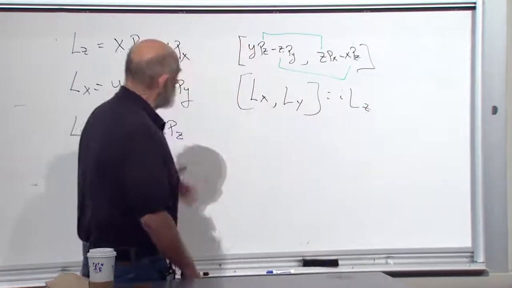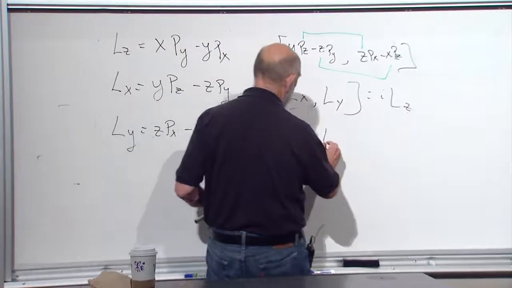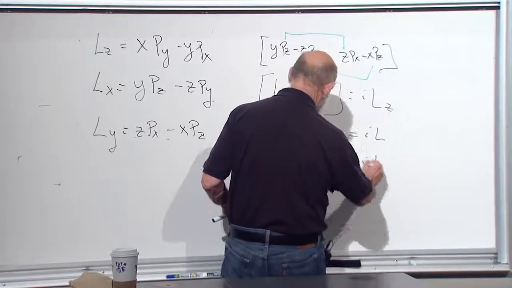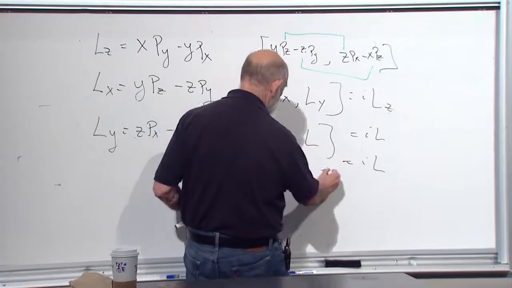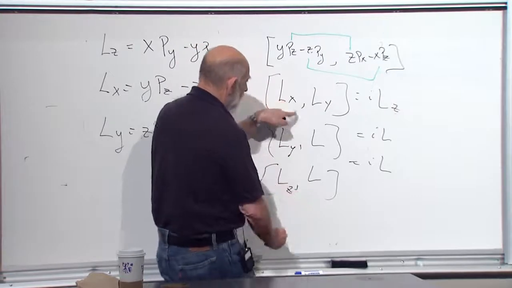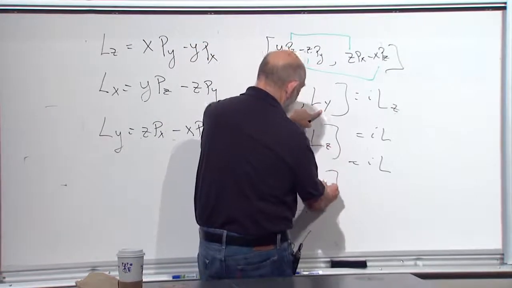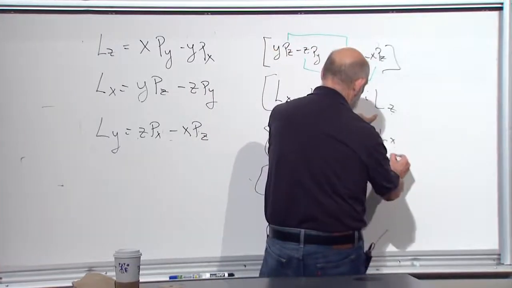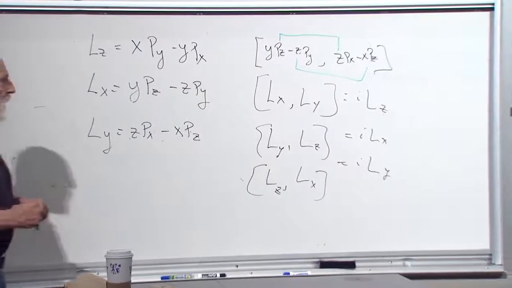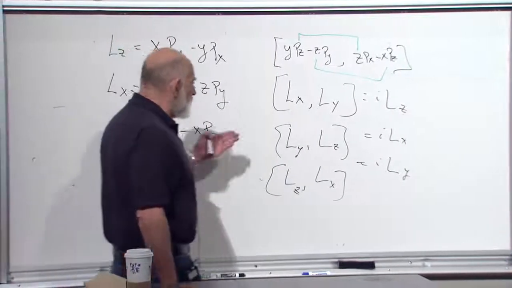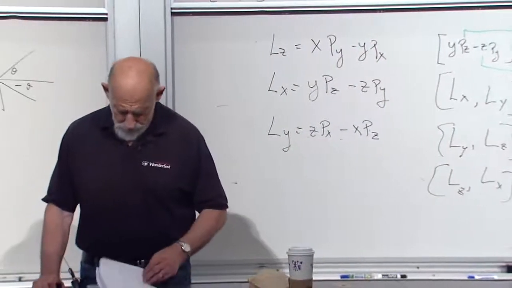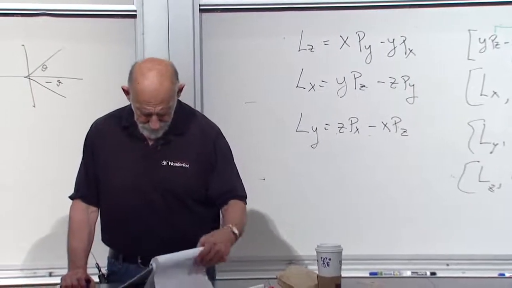And then the trick is always the same: just cycle. x, y, z; y, z, x; z, x, y. Those are our basic commutation relations of angular momentum. If you continue commuting, you won't get anything new. So we've discovered a genuine Lie algebra.